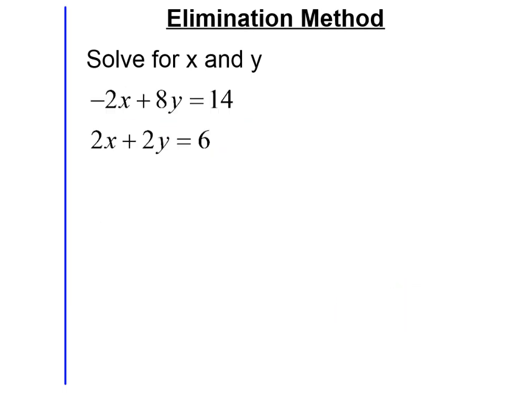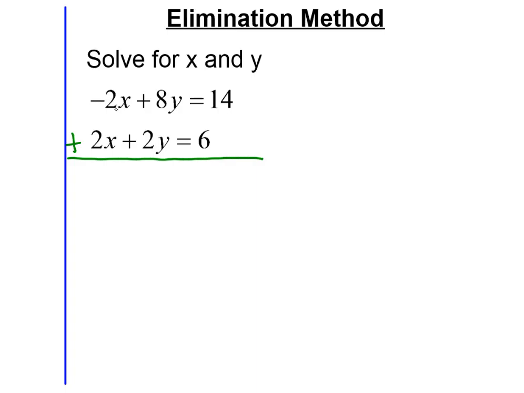Elimination method works a little bit different. Elimination method is a way of adding or subtracting two equations together. What we're looking for is one of the sets of variables needs to create 0, or in other words, needs to be eliminated. Watch what happens when I add these two equations together.